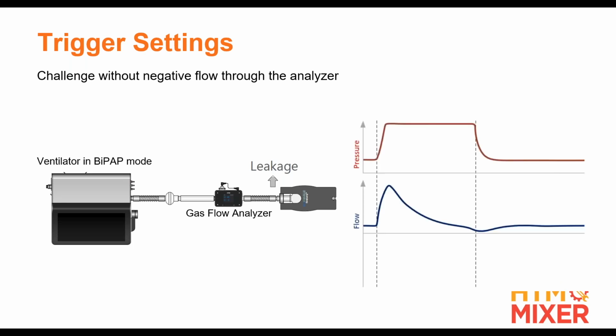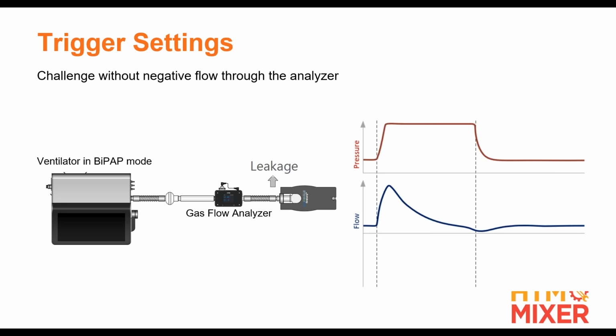Are we going to see an exhalation from this? We don't, right? Because the gas isn't coming back through the ventilator, or rather it's not going back through the analyzer on its way to the ventilator, the analyzer will never see the exhalation phase.